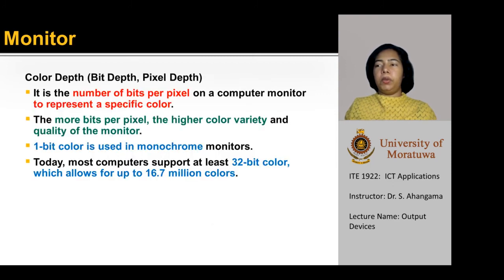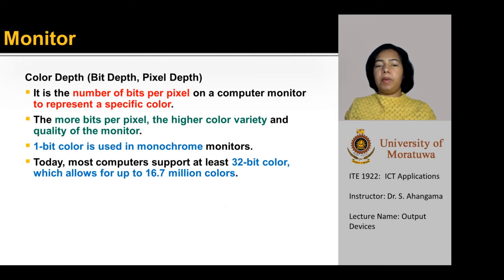Finally, we can move on to color depth. It is also known as bit depth or pixel depth. It is the number of bits per pixel on a computer monitor to represent a specific color.